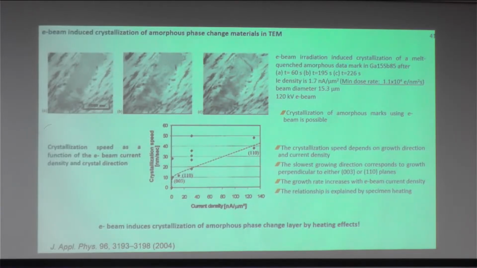And here this part is the so-called amorphous mark, and by electron beam irradiation, this amorphous mark starts to crystallize from the edges between amorphous and crystalline.